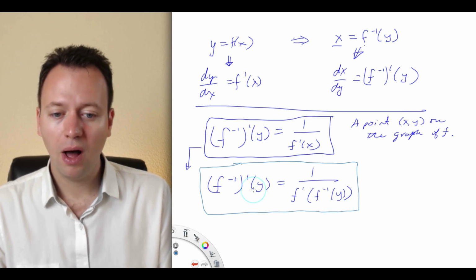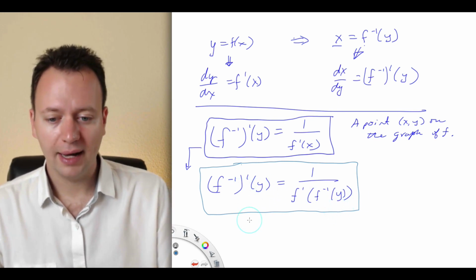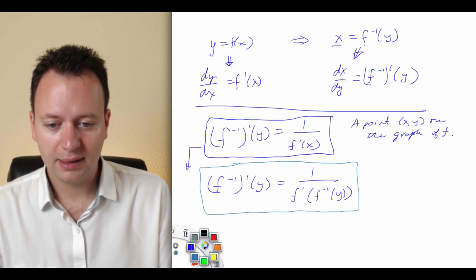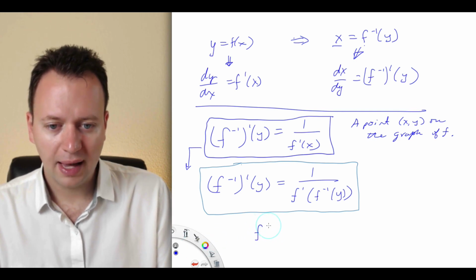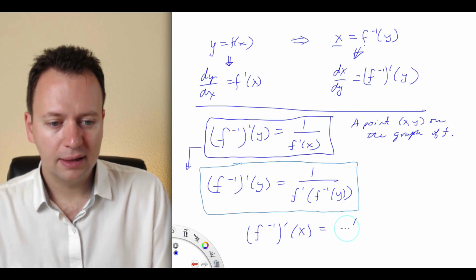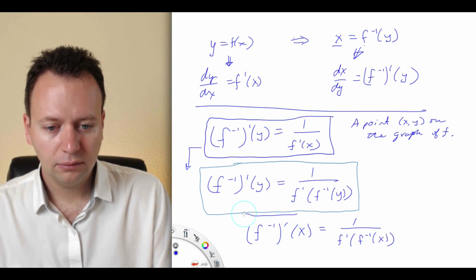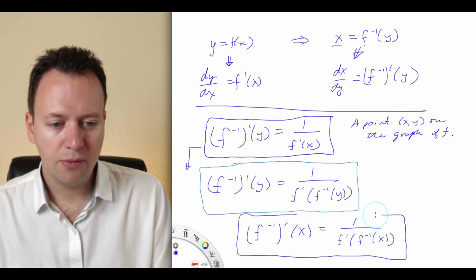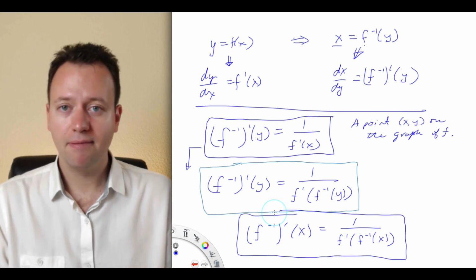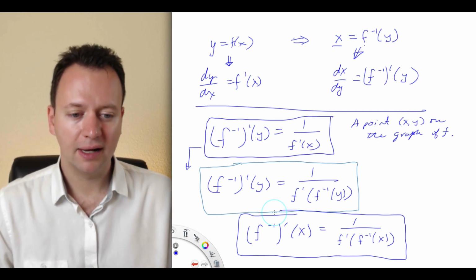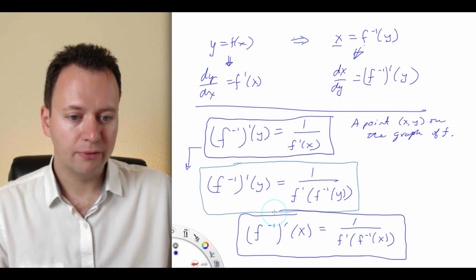Since it's consistent in both of these, we can name it however we'd like. So the main result is f inverse prime of x is equal to 1 over f prime of f inverse of x. This is a derivative rule that you might see written in various textbooks, and that's where it comes from.